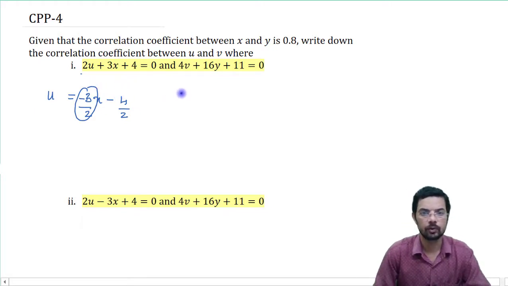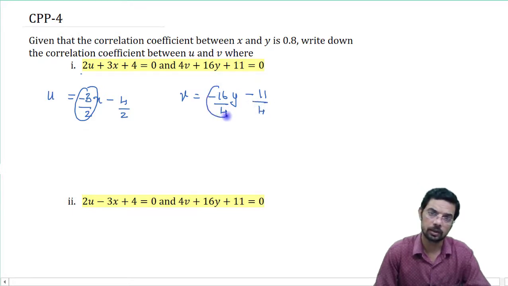In the same way, v will be equal to minus 16y minus 11, divided by 4. So this is your b, and this is your d.